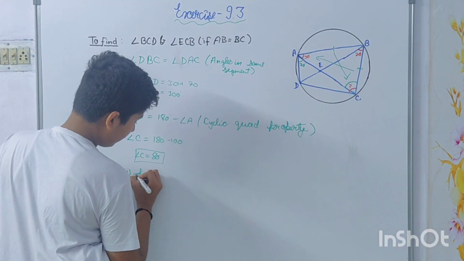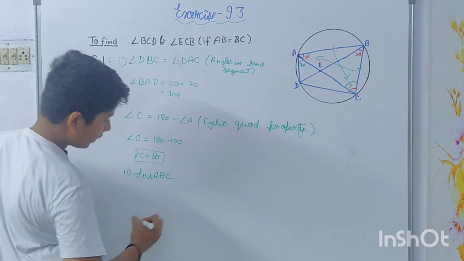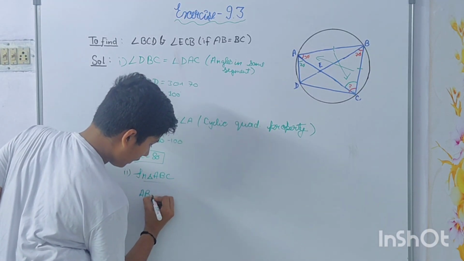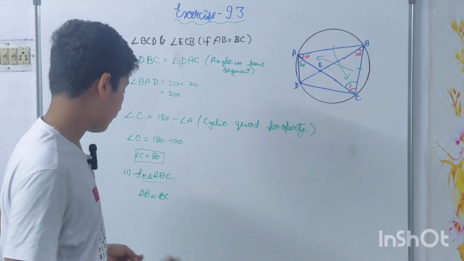So we write: in triangle ABC, AB is equal to BC. We have been told this.